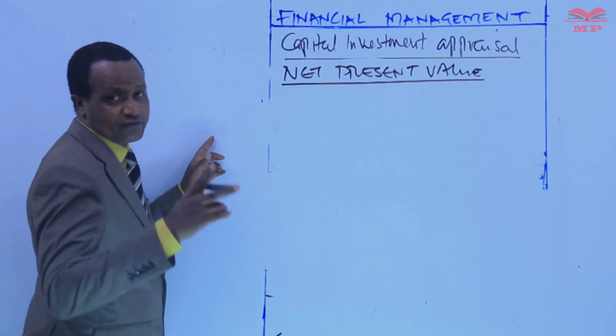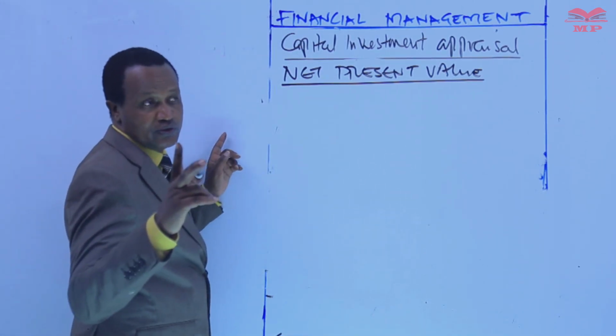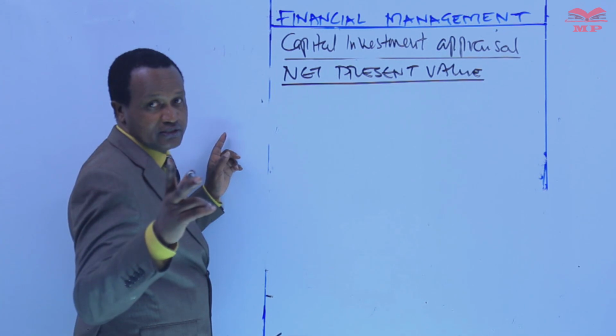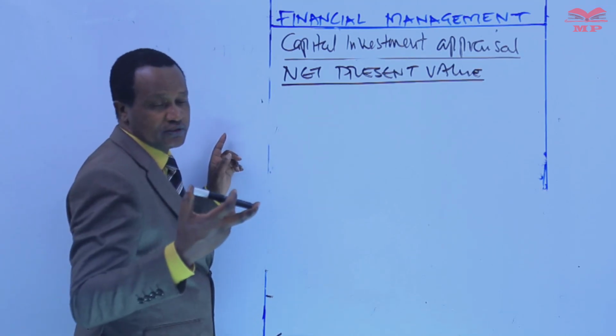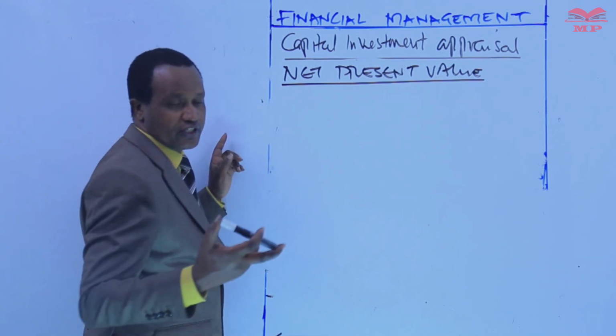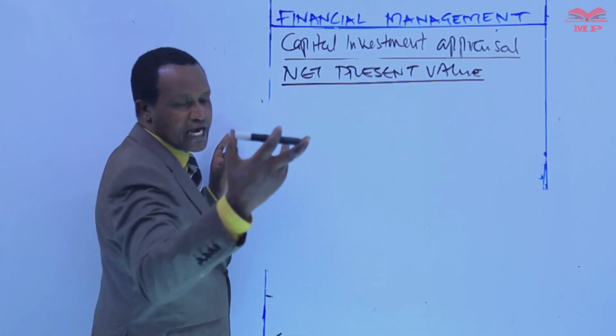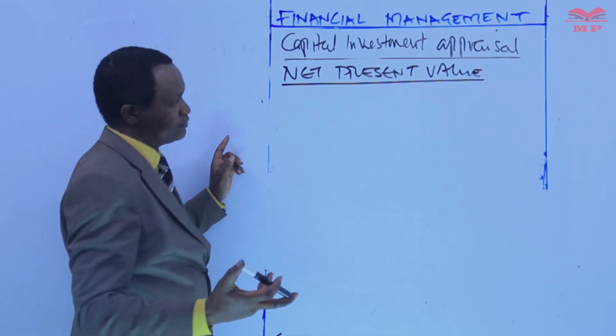Net present value is calculated by first of all getting the present value of future cash inflows, then we deduct the present value of future outflows.